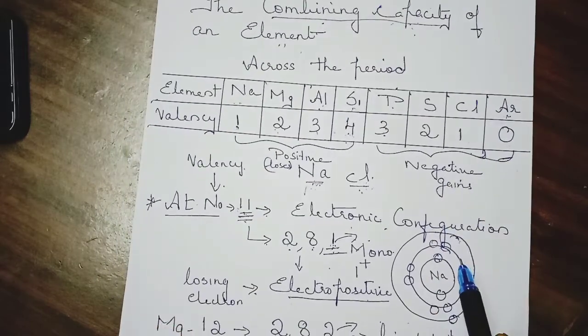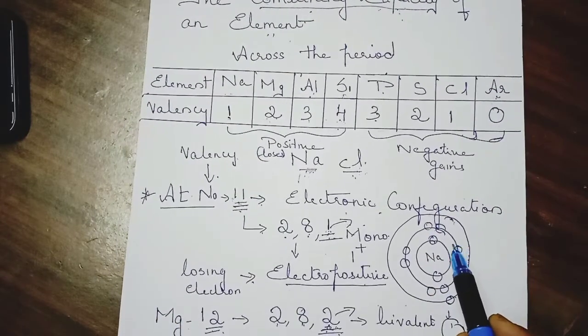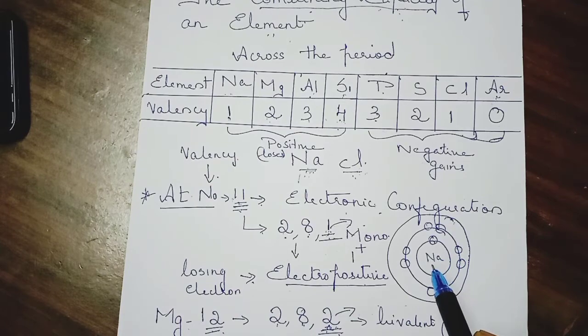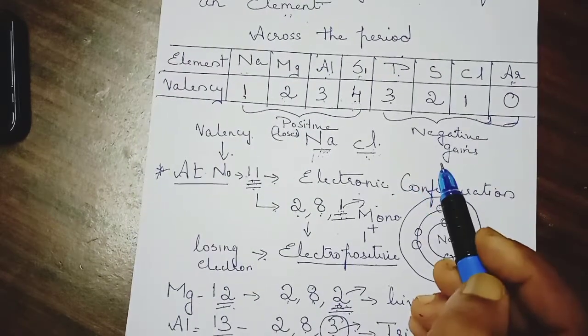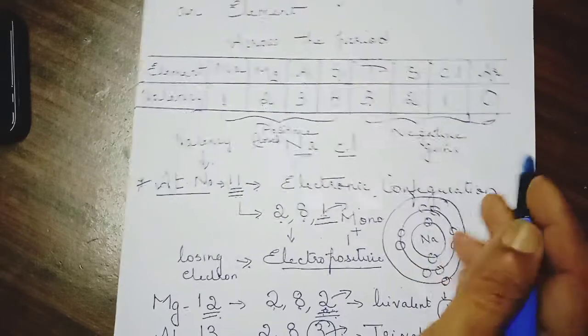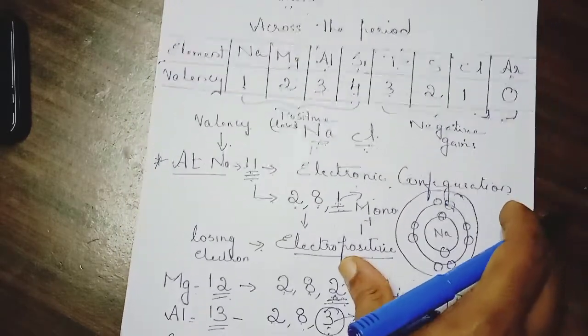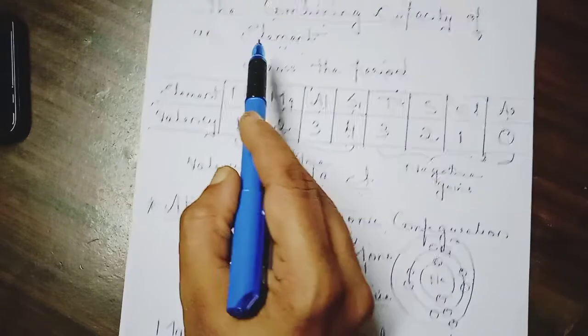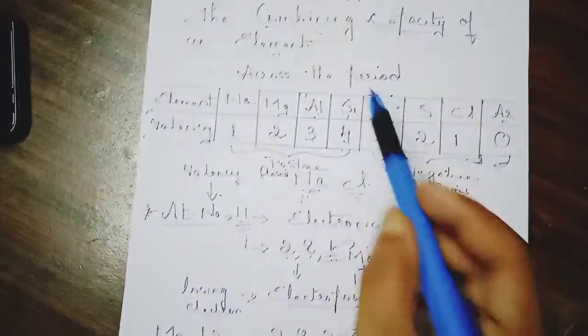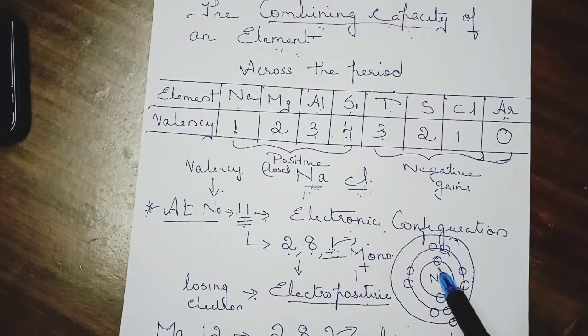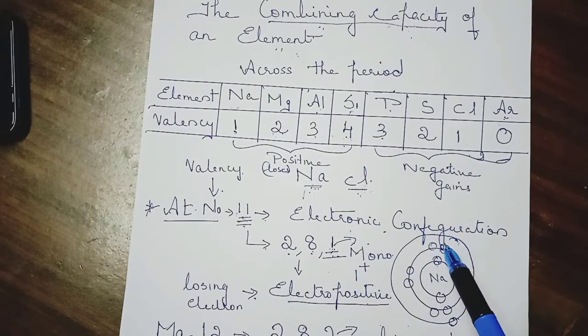So here I would like to conclude this class. Let us take how the valency varies down the group in the next class. I am sure that you are thorough with the definition of valency, that is, it is the combining capacity of an element. Because of these valence electrons in the outer shell, it is able to combine with other elements.